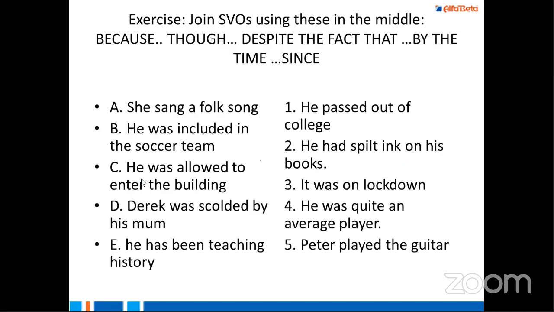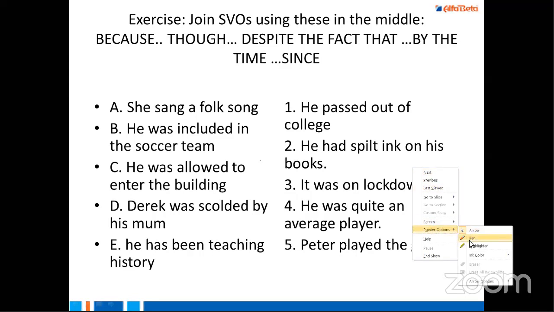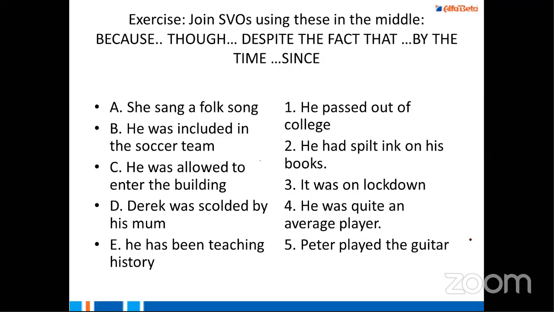Now let's do a small exercise, guys. I want all of you to try. Now you have to link these two lists of sentences A, B, C, D, E, and 1, 2, 3, 4, 5 with these words here.